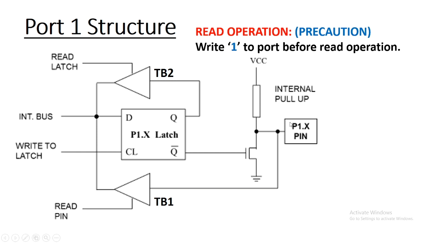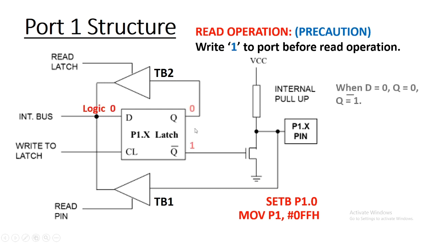What happens if you do not configure that port pin as an input port and still try to read the data? Let's assume initially it is output configured by writing a 0. Accordingly Q and Q bar will be 0 and 1 respectively, and this is on.